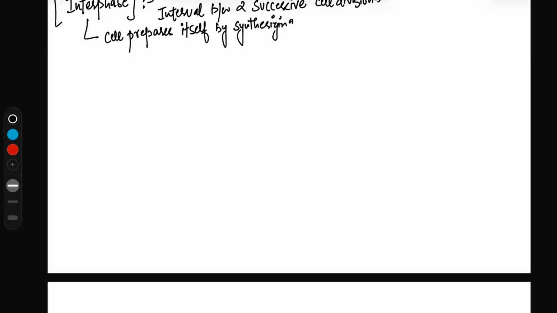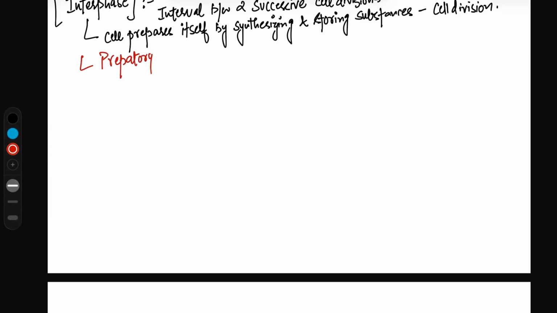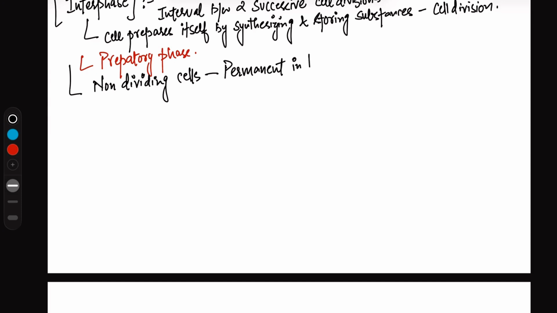So it is also called the preparatory phase. Now non-dividing cells remain permanently in this stage, that is the interphase.